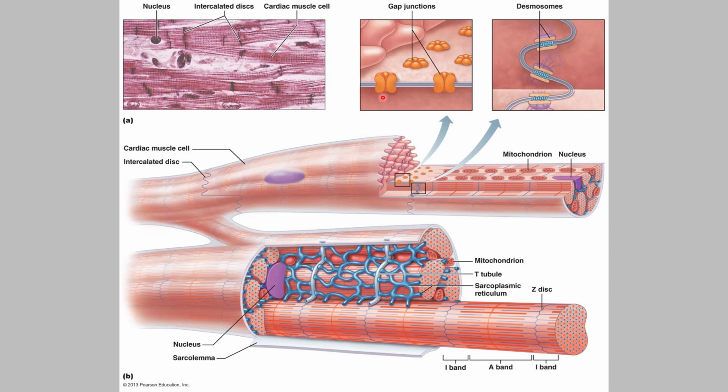And that allows for the action potential to spread through the entire heart very, very easily, very efficiently. And we're going to come back to that in just a few slides. But remember, these gap junctions allow the movement of ions between one cardiac muscle cell and the adjacent cardiac muscle cell.